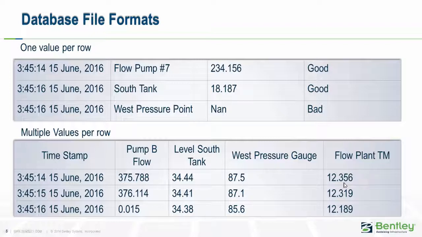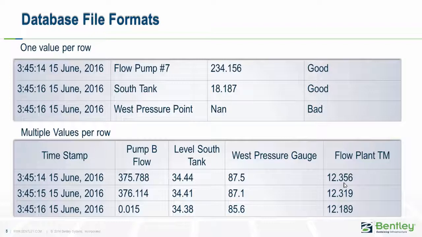You have all kinds of data on one row. This is usually data that's been processed a bit. The top format is more likely what you'll see from raw SCADA data, while the bottom format is more likely what you'll see if someone has gone through the data and organized it and massaged it a little bit. But we can take either one of these, but the data basically has to be in this format.